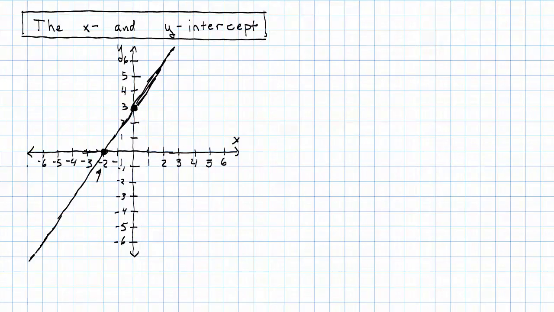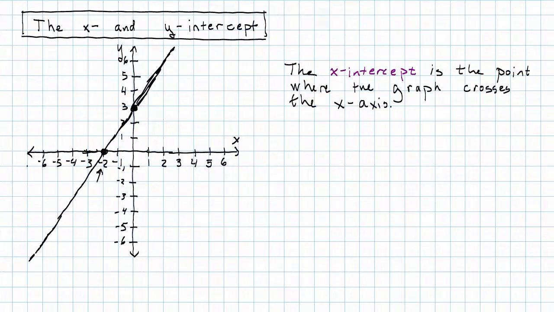This point, where the graph crosses the x-axis, is called the x-intercept. In this example, that point is x is -2, y is 0.